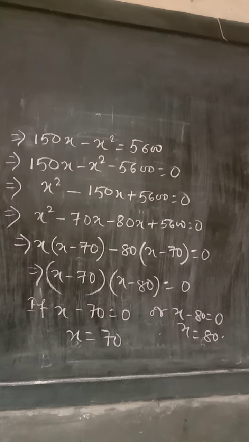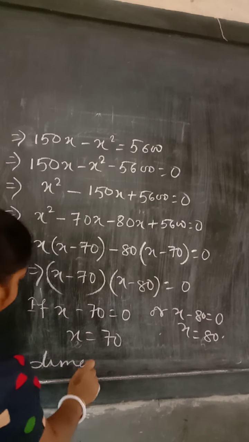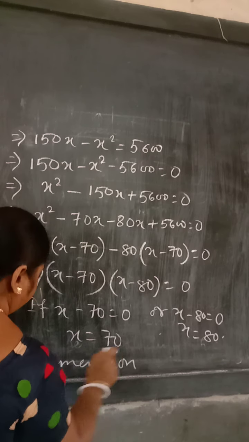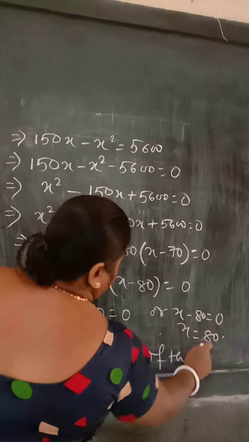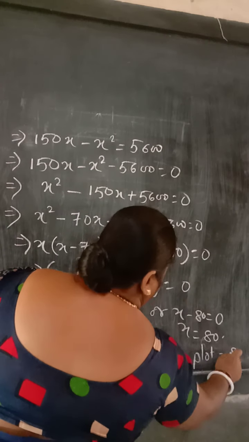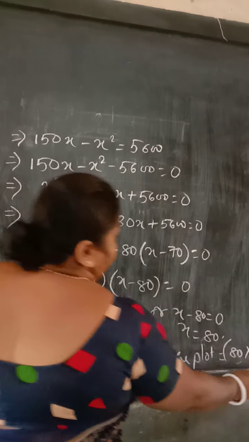So they have asked you the dimensions of the rectangular plot. So dimensions of the plot we can write 80 into 70 meters. Is it?